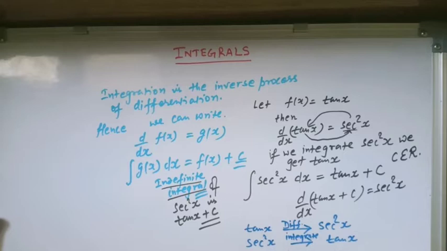And because we have to mention the constant of integration, here we can write tan x plus c, but since the derivative of tan x is secant square x and the derivative of tan x plus c is also secant square x, clear. So this is the meaning of finding the integration of a function. So let us take some more examples.